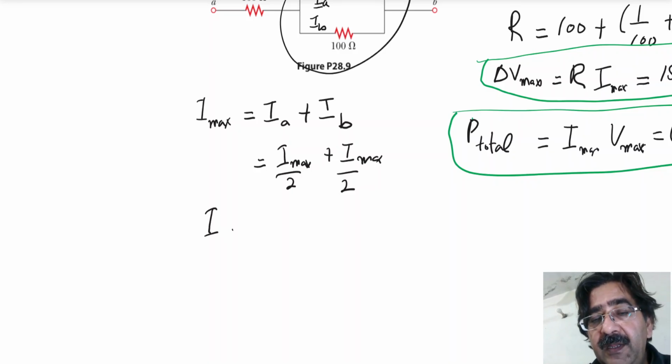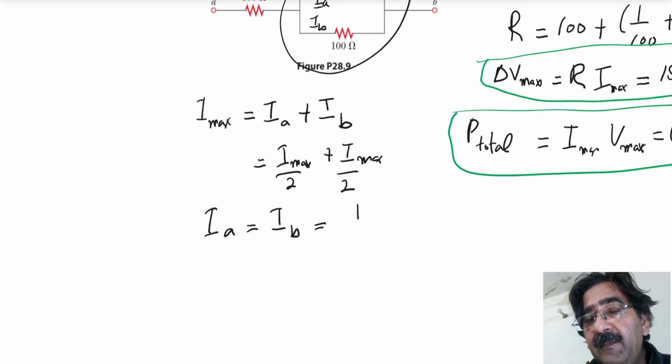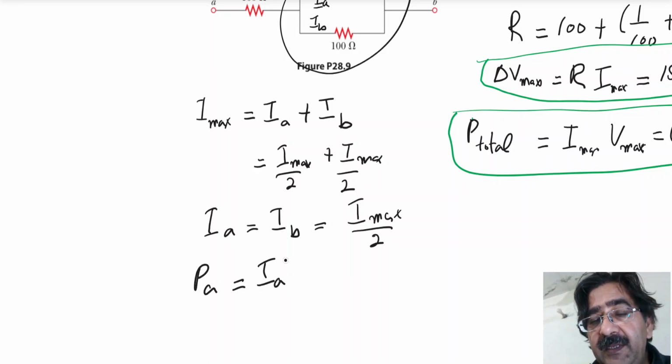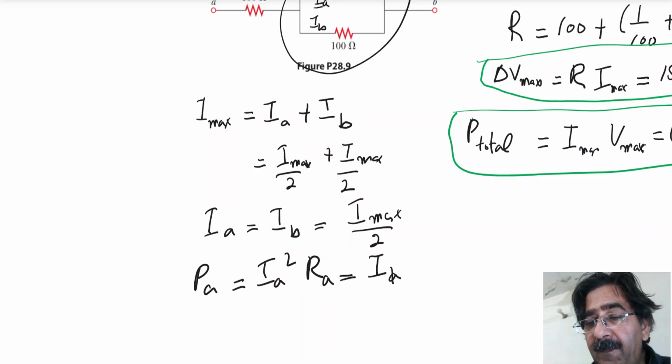We may say IA equals IB, which is I max over 2, and PA equals IA squared times RA.